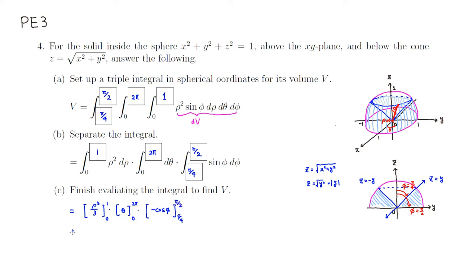Cosine of pi over 2 is 0, and because of the negative sign, minus cosine of pi over 4 becomes plus 1 over square root of 2. So 2 pi divided by square root of 2 is square root of 2 pi, with a 3 on the bottom.